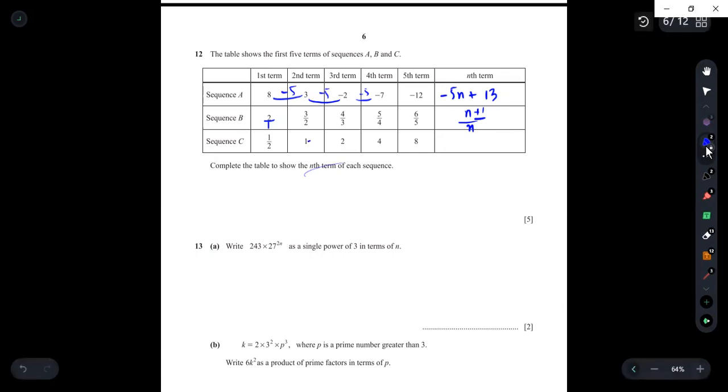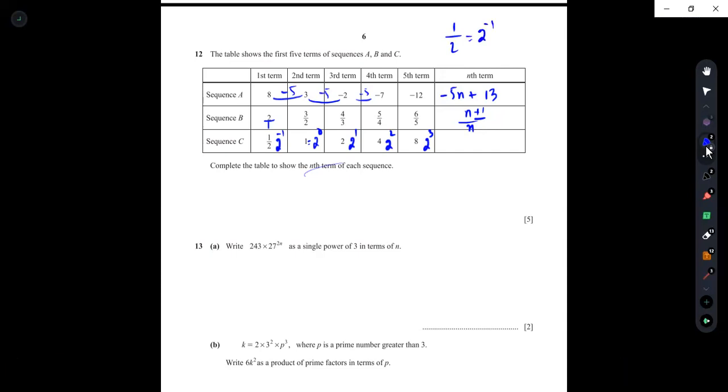So this is 2 raised to the power 0, and this is 2 raised to the power 1, 2 raised to the power 2, 2 raised to the power 3. And the first term can be written as 2 raised to the power -1, because 1 over 2 is the same as bringing 2 up, which becomes 2 raised to the power -1.